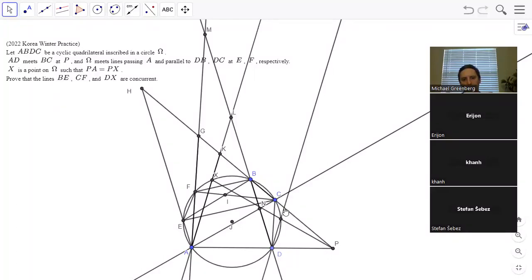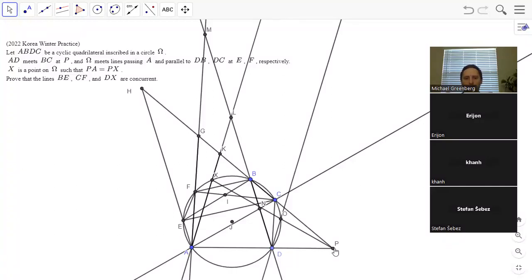But for which one? So I was thinking about using the involution, but projecting onto BC. Then we want to show HGK, BC, and P is an inversion, or there's some inversion that swaps those.